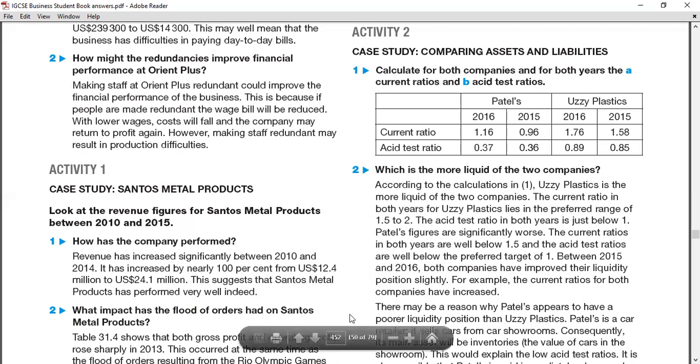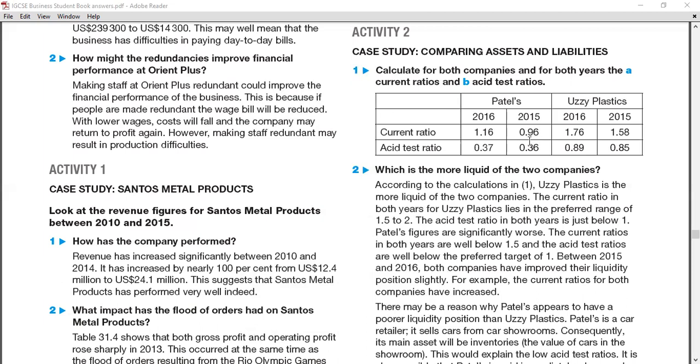I got a couple of answers, yes, from Tevin too. Correct, it's USI Plastic because they are at 1.58. Above 1.5 is definitely satisfactory, and they have improved, going up to 1.76 in 2016. But in 2015 Patel was 0.96. The ideal should be 2:1, and satisfactory should be above 1.5, but here it is less than 1.5.